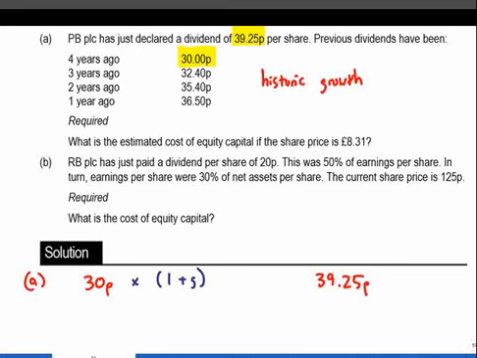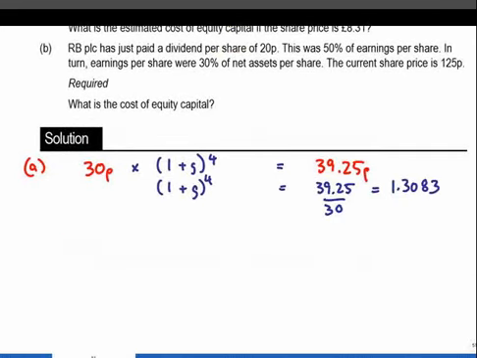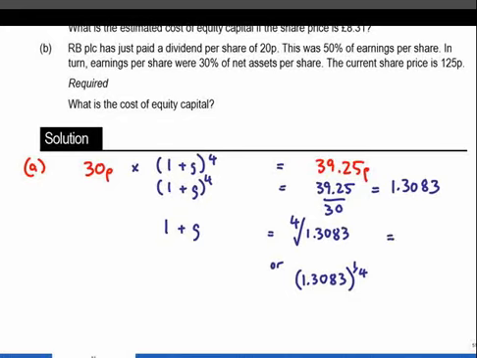So what annual growth rate will have been multiplied to the 30 pence each year for 4 years to get us to 39.25. So dividing both sides by 30 gives 1.3083, and then taking the 4th root of both sides, or if you prefer taking 1.3083 to the power of a quarter, that would suggest that 1 plus g equals 1.0695, and therefore g equals 0.0695.